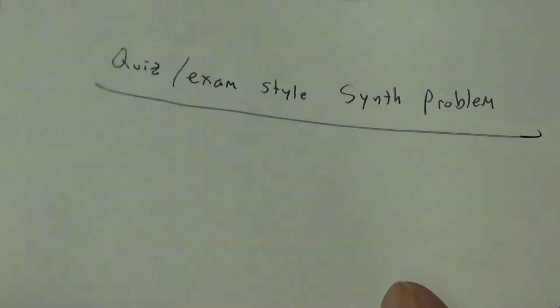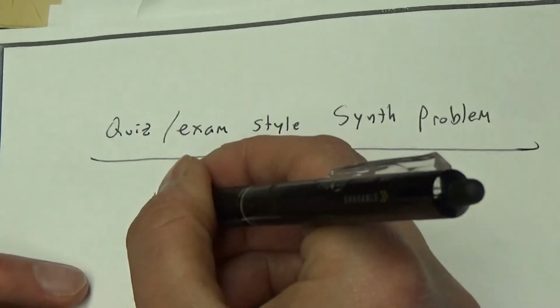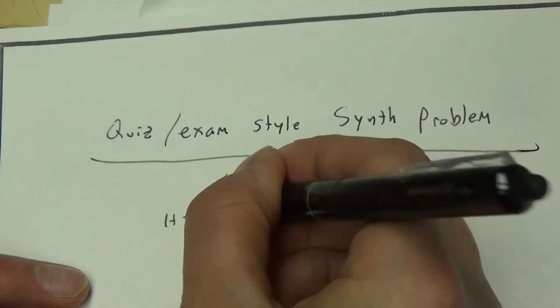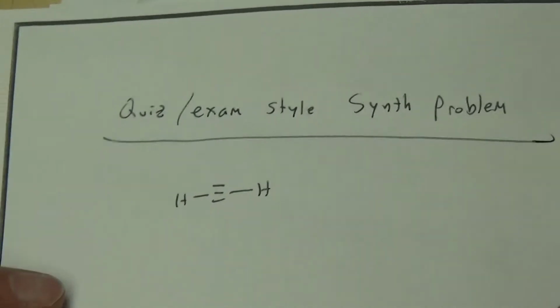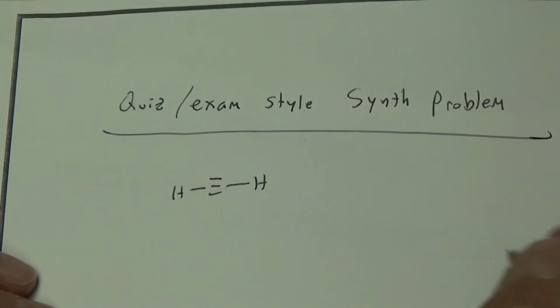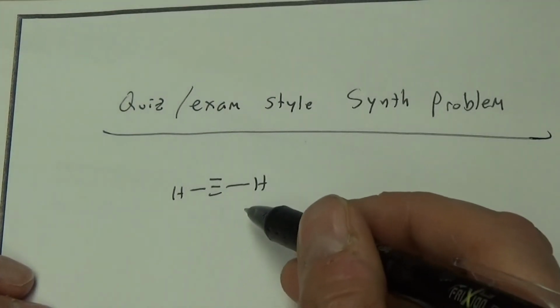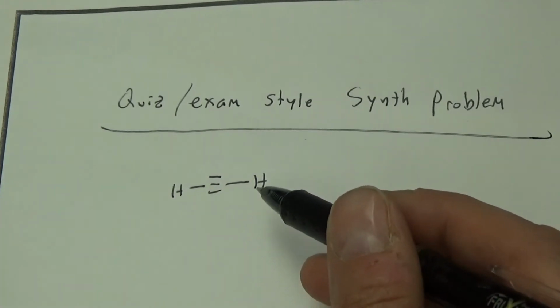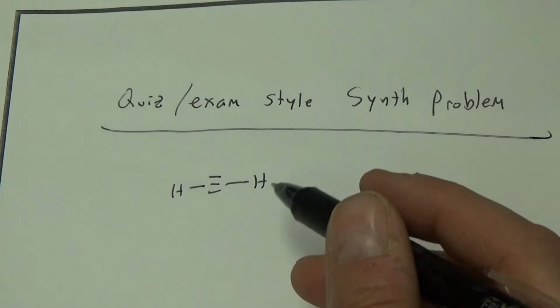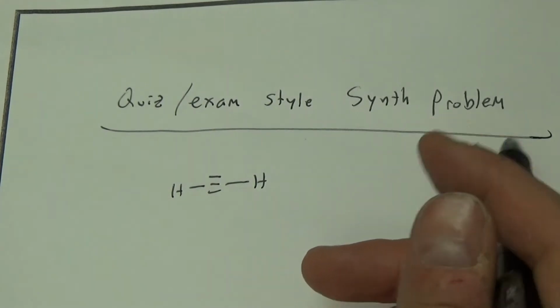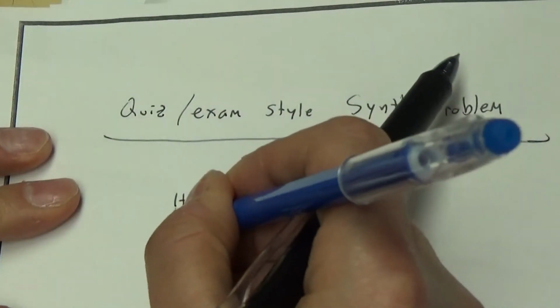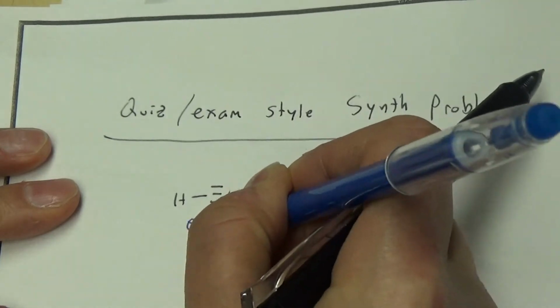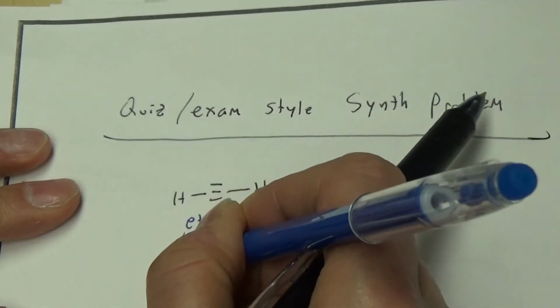So if I have a 2-carbon alkyne, what's the name of that one? Of course, it's called ethyne, like ethane, but with a Y. Well, it's also called acetylene, right? So the names of this are ethyne or acetylene.